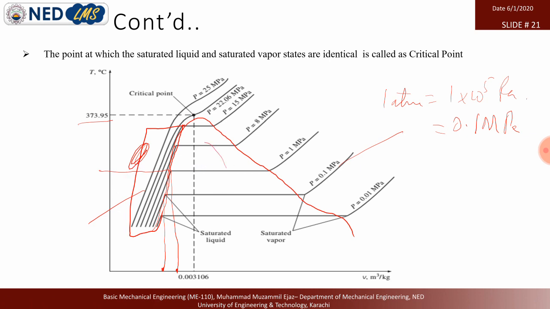This is the saturation region, the mixture of saturated vapor and liquid. This line is saturated vapor, this point is saturated liquid, and after this region is the superheated region. So we have three different regions: saturated region, superheated region, and subcooled liquid.